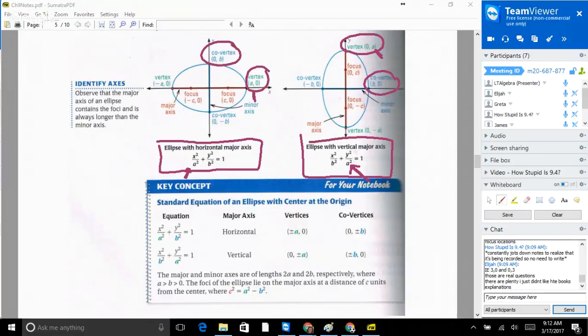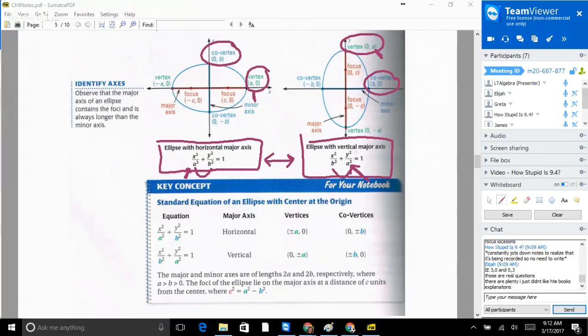All right, so the equations look very similar. You can see them here on your paper. But you'll notice that the A and the B are flipped when you talk about horizontal or vertical axis. That's just because whatever is controlling the larger vertex is controlling what kind of ellipse you're going to have.